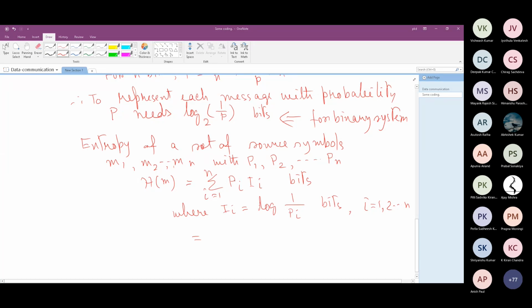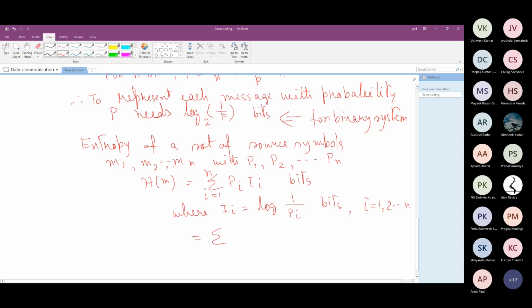So the ith state gives an information Pi into Ii, and that needs to be summed for all the symbols, i equal to 1 to n. This is the summation.